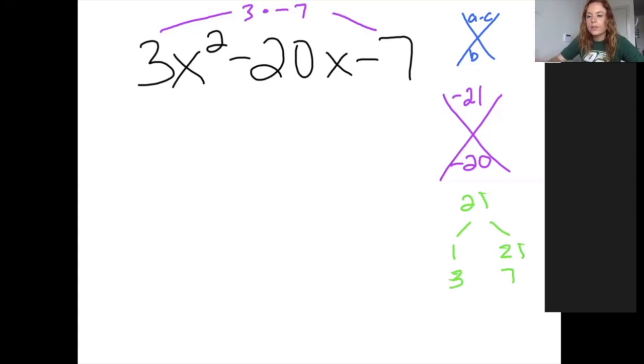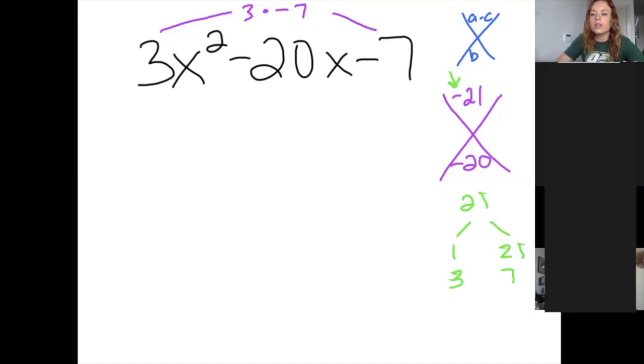Then, because that's a negative, we need to decide which one of those sets of factors will subtract to give me the 20, the b. What would it be? 1 and 21.